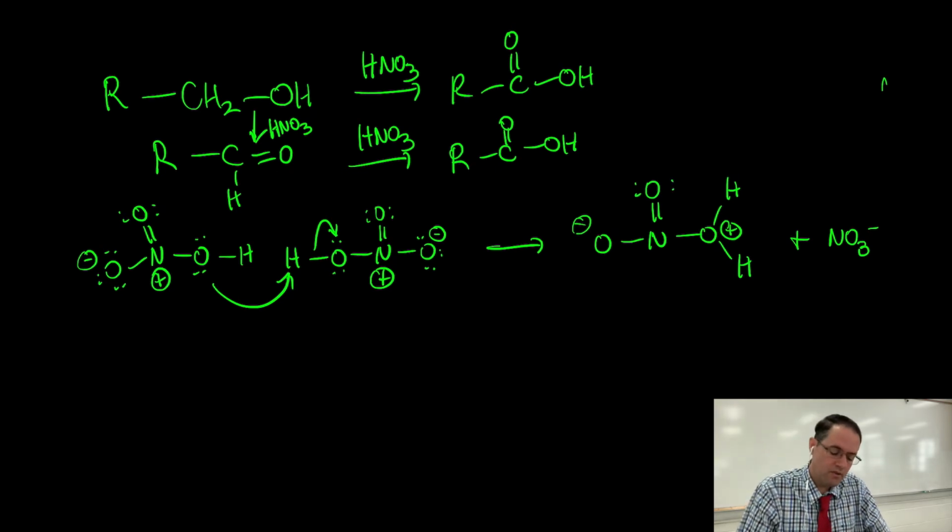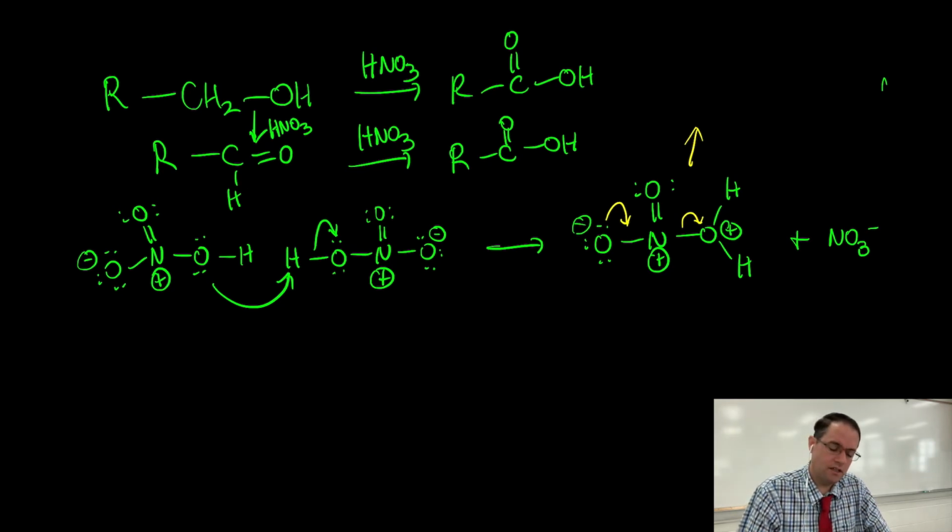Now, what happens is water is a good leaving group, so we want to eliminate water. This is a key step here. We saw this again in chapter 19, so this should be review for the advanced student that is interested and good with organic chemistry.